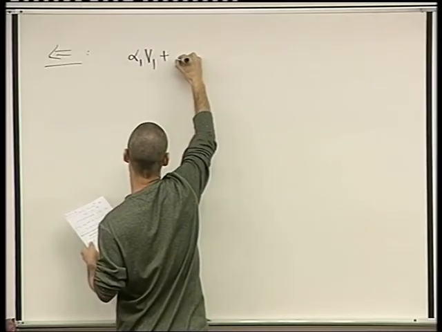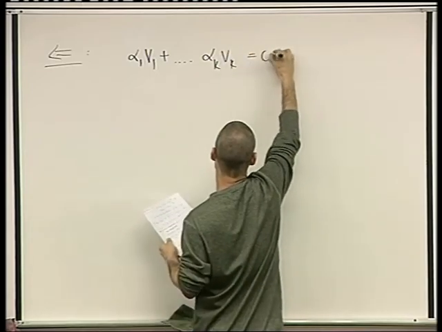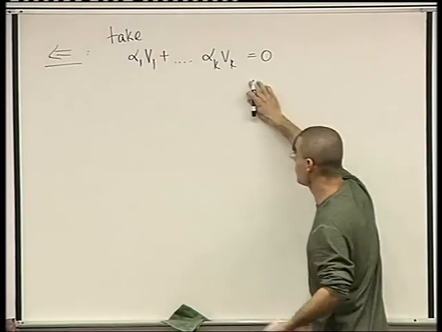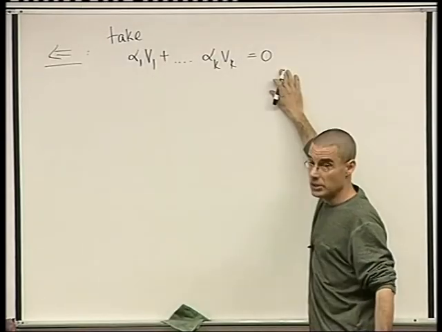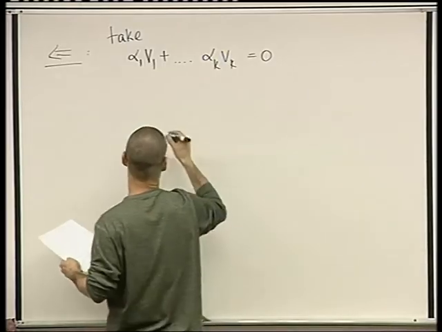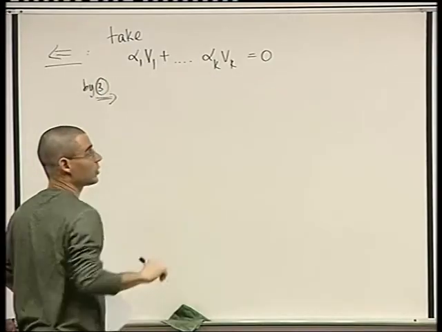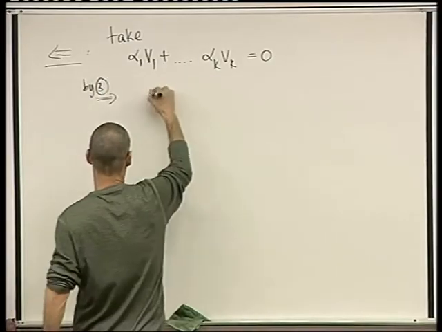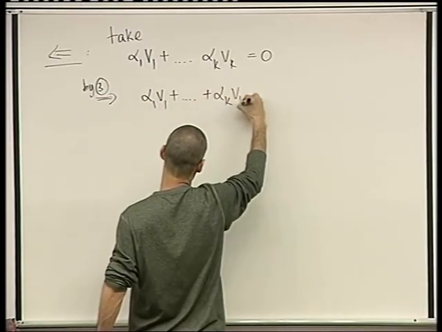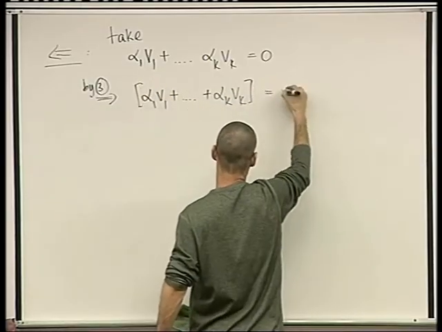So alpha 1 v1 plus alpha k vk equals 0. So take a linear combination of the original vectors which equals 0, let's show that all the coefficients are 0. So if the linear combination is 0, then by part 3 of that theorem, the coefficient vector of this is 0 as well.